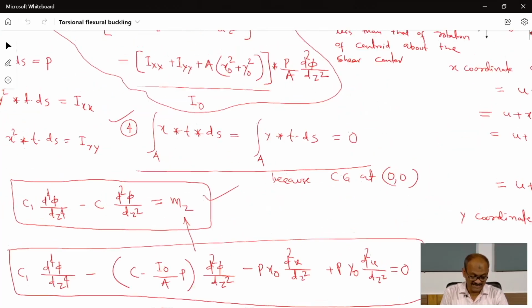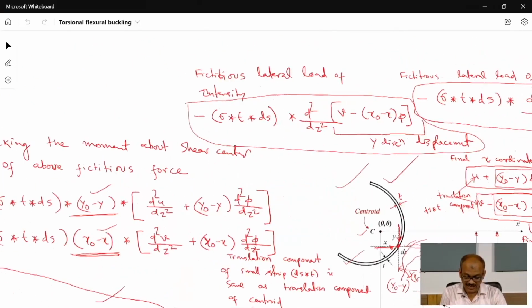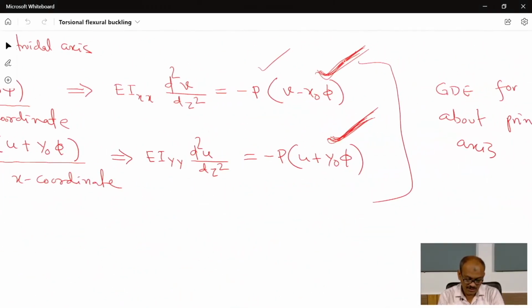And two equations we had derived earlier were for bending about the principal centroidal axis; let me show you again. Yes, these were the two governing differential equations for bending about the principal centroidal axis.